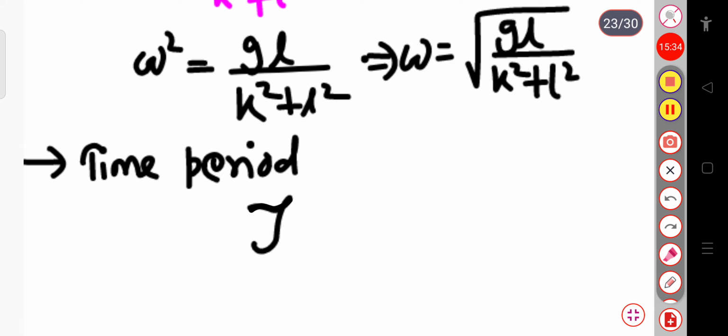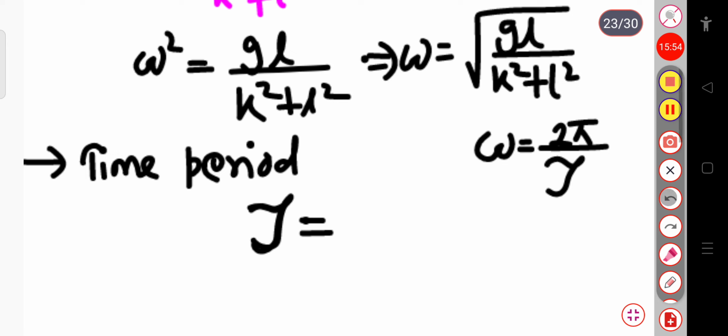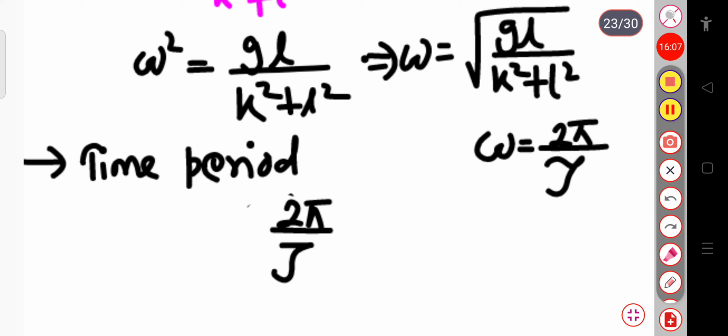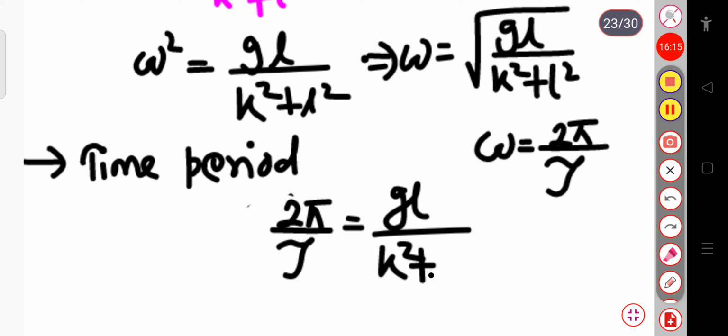We know omega equal to 2 pi by tau, so in place of omega, if I write 2 pi by tau, this will be equal to the root over of gL divided by (k square plus L square).